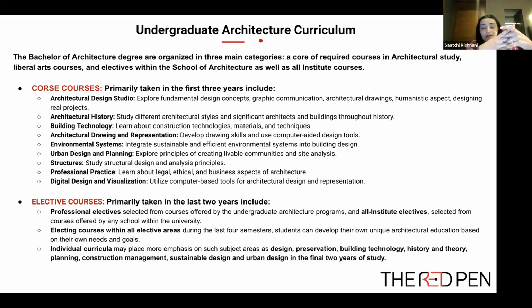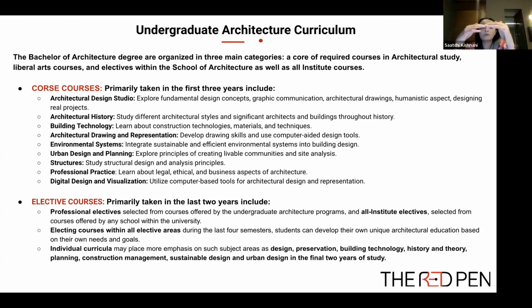So having said that, the course is divided into 3 categories. You have the core classes, which are required in architectural study, liberal arts courses that are also mandatory, and electives, which are classes that you can choose within the School of Architecture, as well as all institute courses.